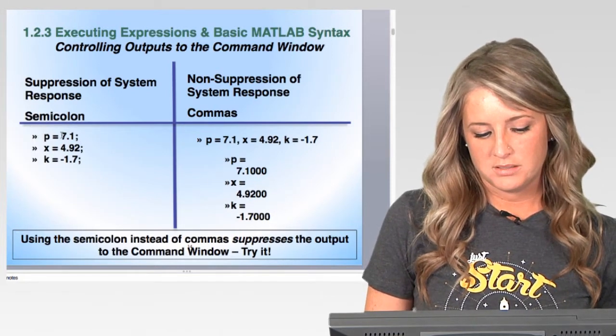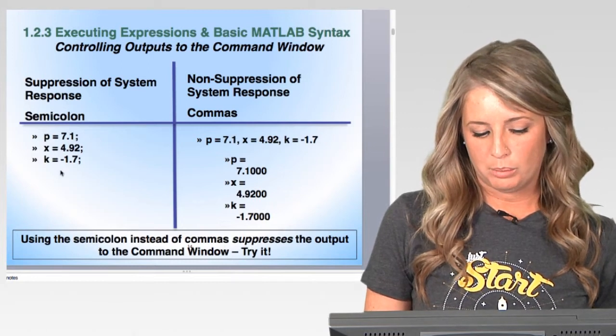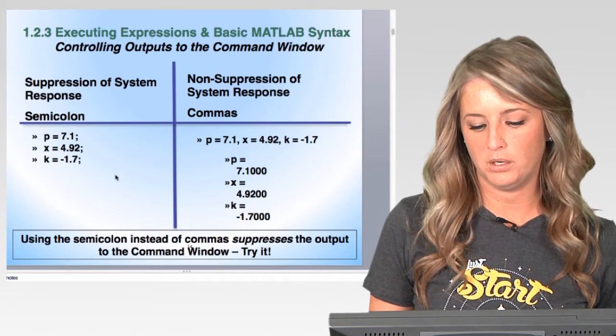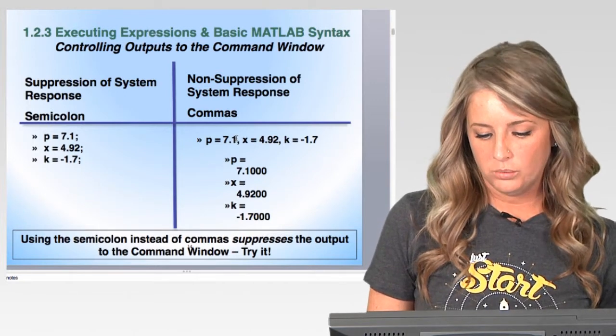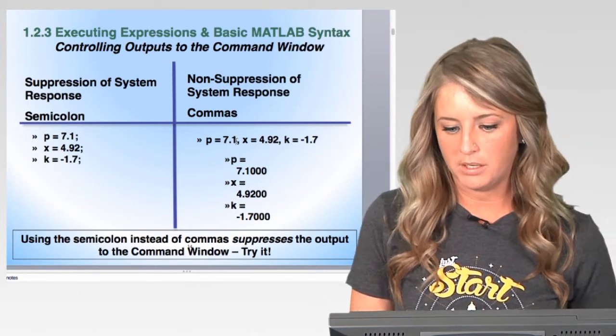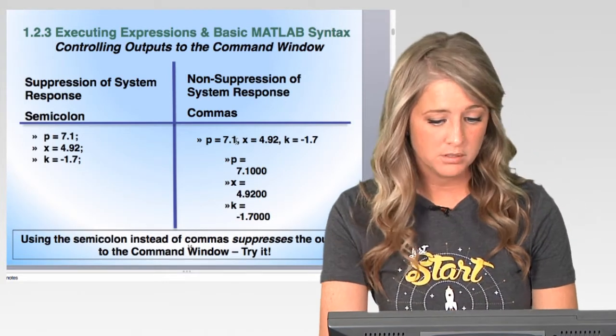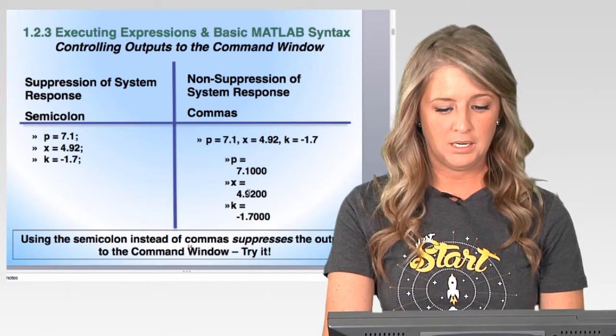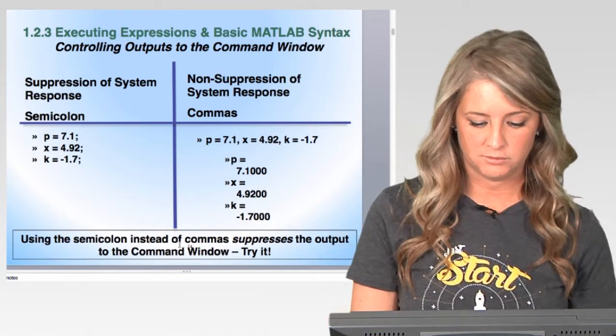What that does is if I ran the program, there will be no output displayed to the command window. However, if we don't use the semicolon and perhaps just use commas, for example, then it will individually display the values for p, x, and k that I have defined.